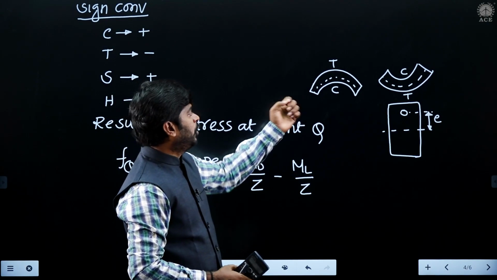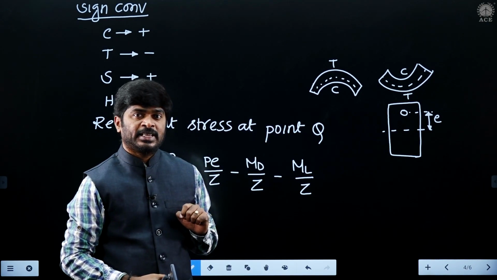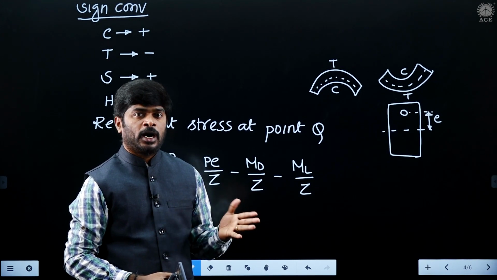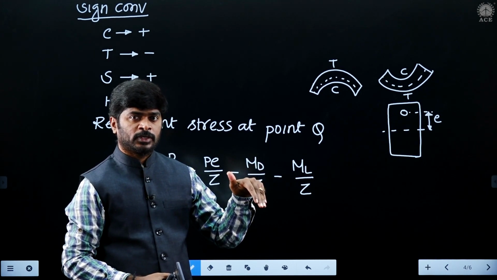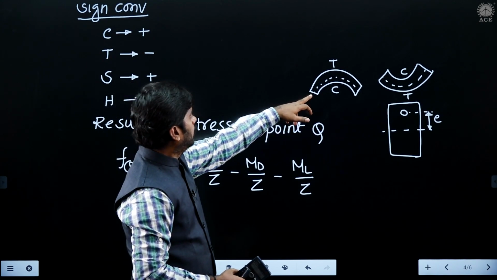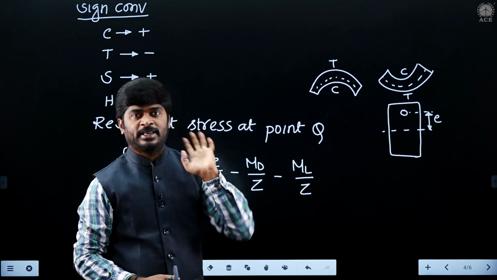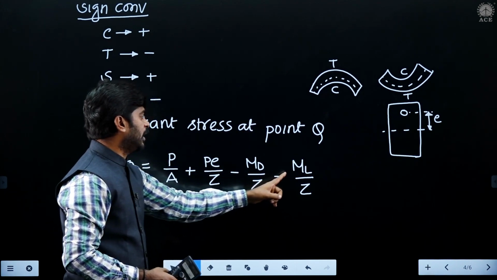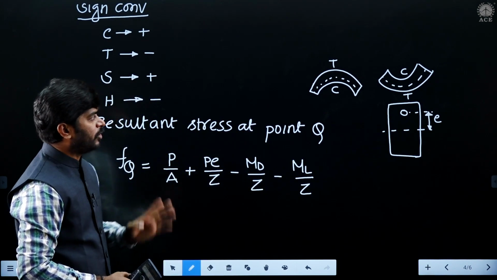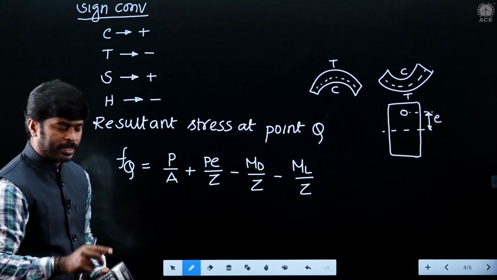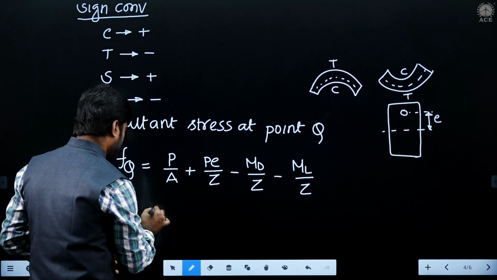Coming to the self weight as well as external load, they will create hogging curvature, right? So, at the top fiber, which nature of stress will develop? Tensile. For tension, I have taken negative, and for compression, I have taken positive. Is it clear? Very simple, na.